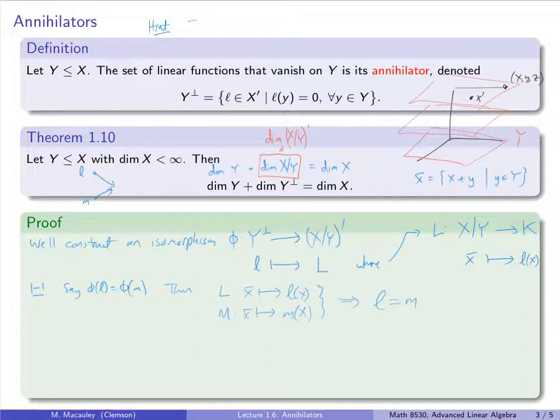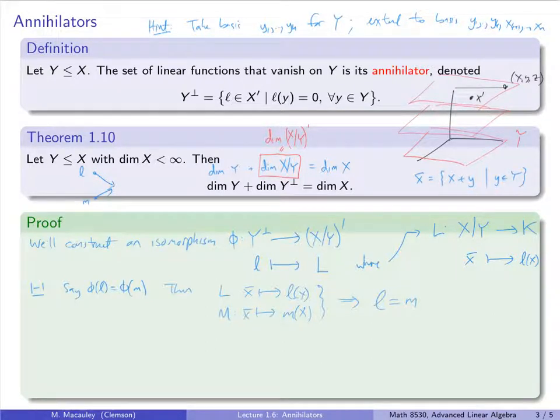To show why these have to be the same, start with a basis for Y. So take a basis y1 up to yk for Y and extend to a basis y1 up to yk, x_{k+1} up to xn of the whole space. And then think about what L and M are.